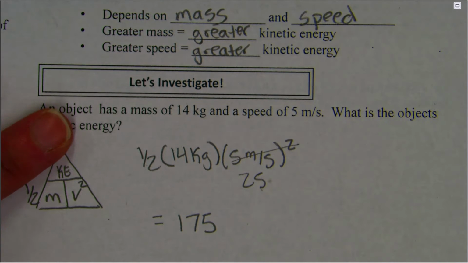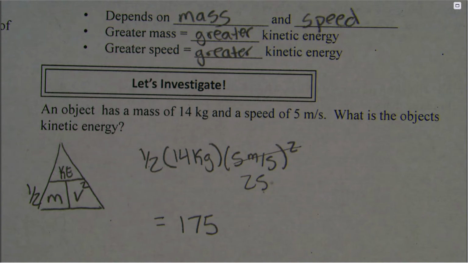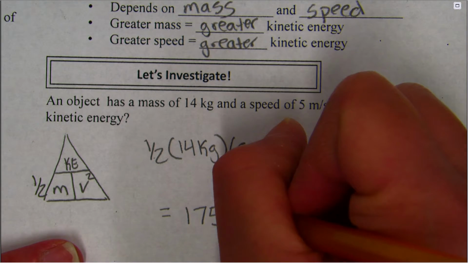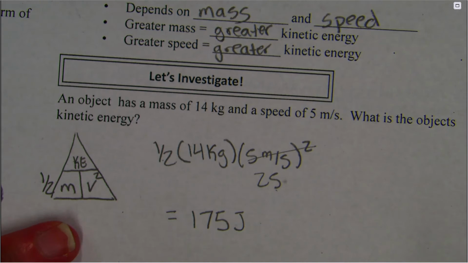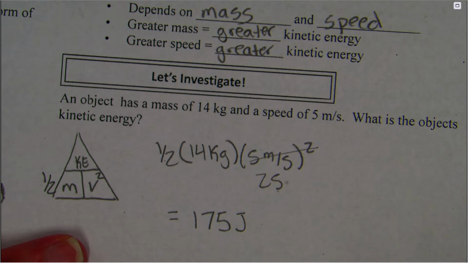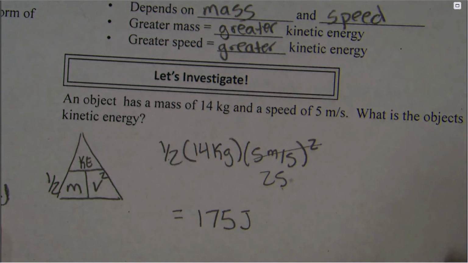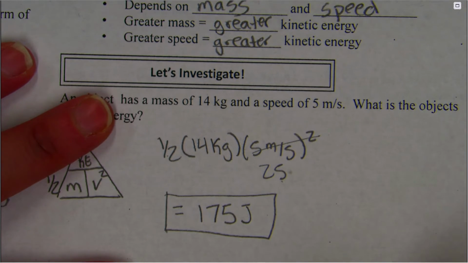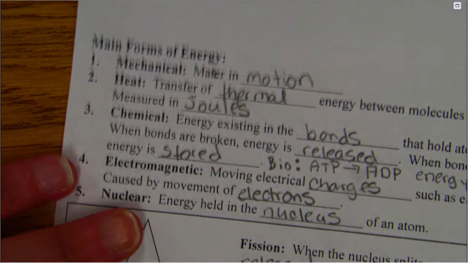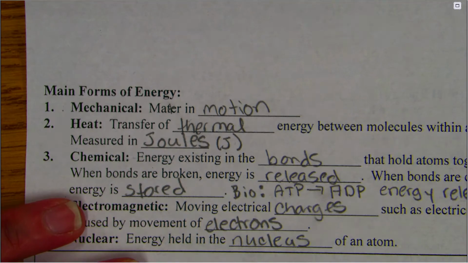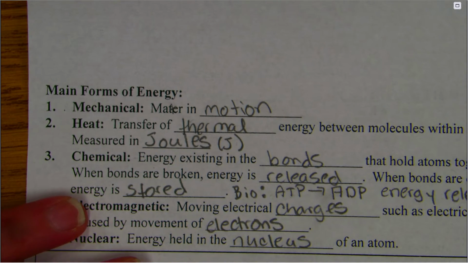Now energy is going to be measured in joules. J for joules is the unit in which we are going to measure energy. So we did talk about energy being measured in joules up here. We can give it a J. Now we know what its abbreviation is.